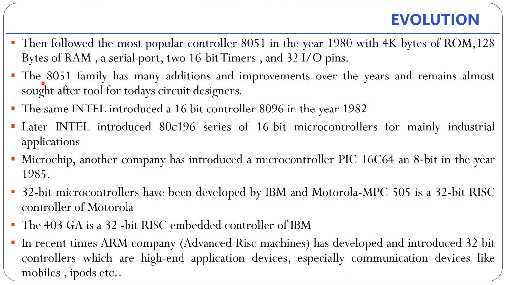The 8051 family has had many additions and improvements over the years and remains a sought-after tool for today's circuit designers. Intel introduced the 16-bit microcontroller 8096 in 1982. Later, Intel introduced the 80C196 series of 16-bit microcontrollers, mainly for industrial applications.